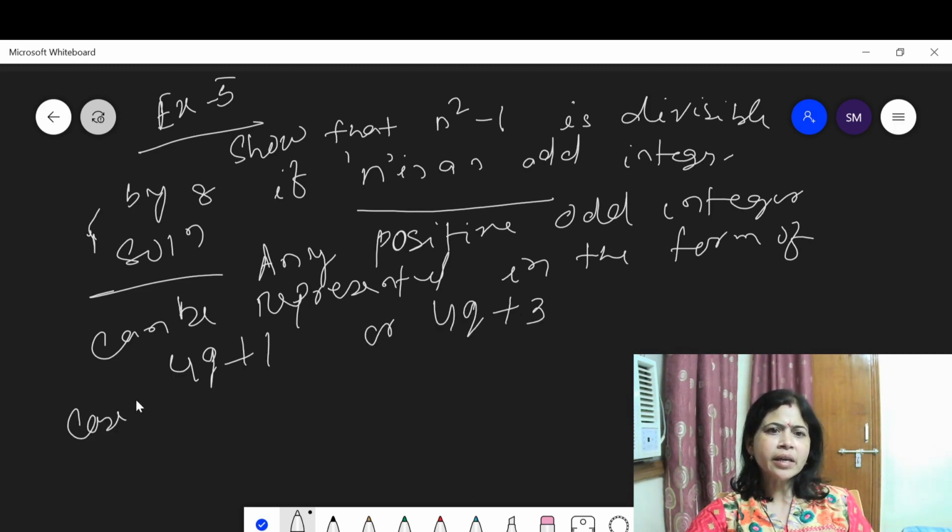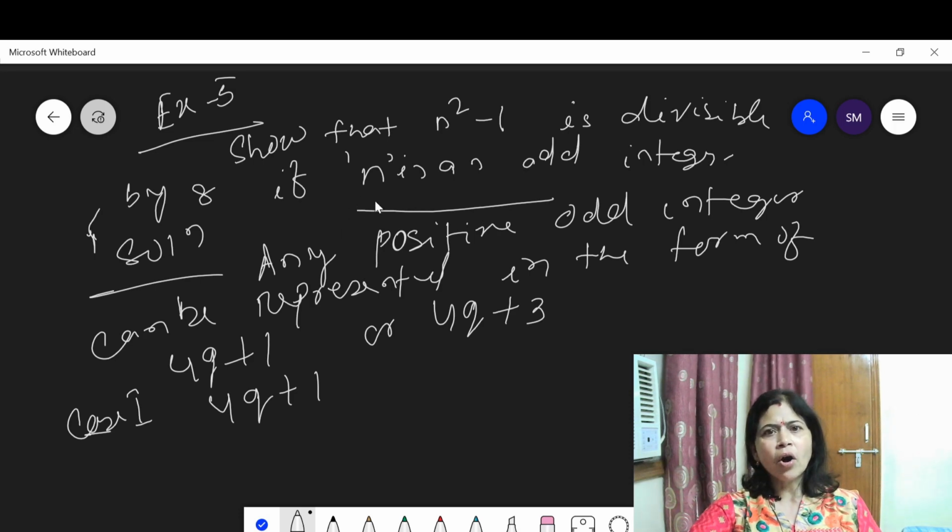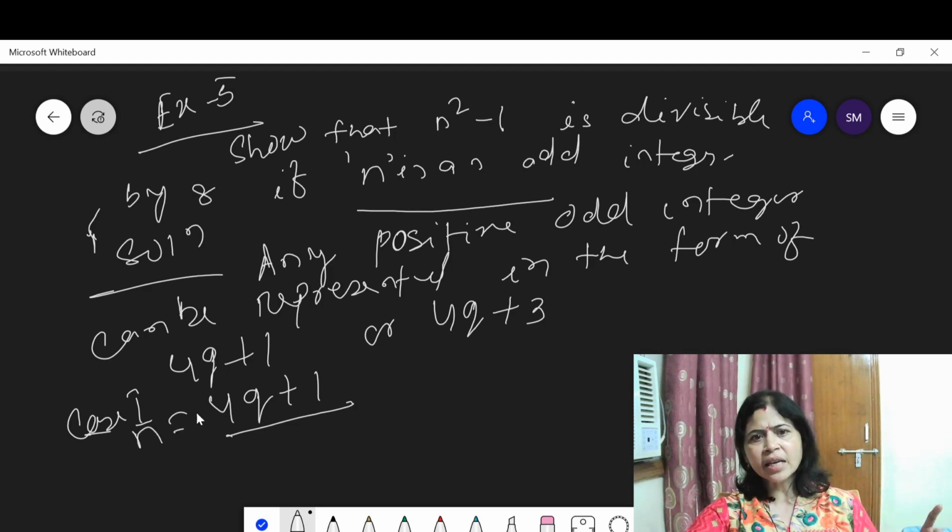Before, in the example, we discussed this. Then take case 1, 4q plus 1. Let n be an odd integer, then n can be represented in the form 4q plus 1.